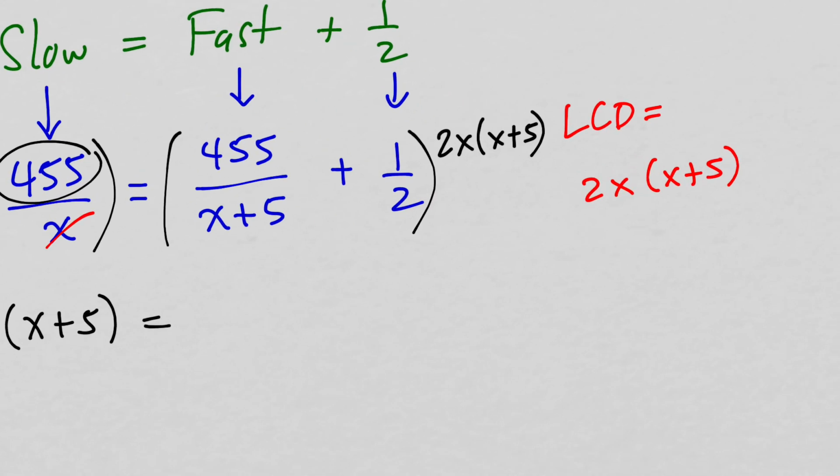On the other side, when we multiply out, the x plus 5 cancels out, and we get 455 times 2x. Plus, and then here the 2 cancels out, and we get 1 times x plus 5, which is x times x plus 5.